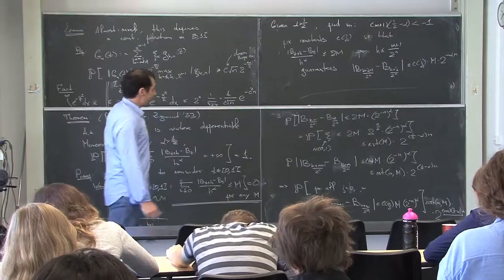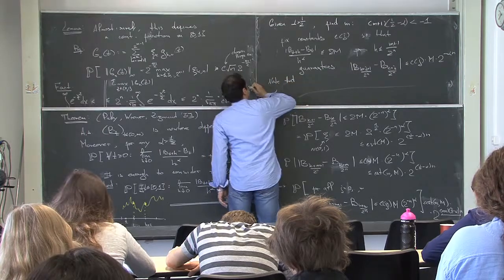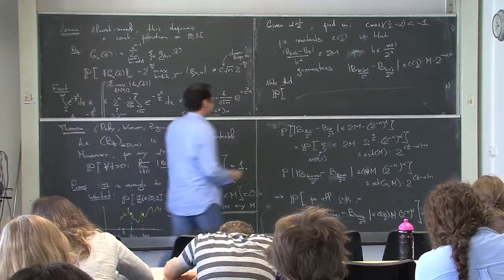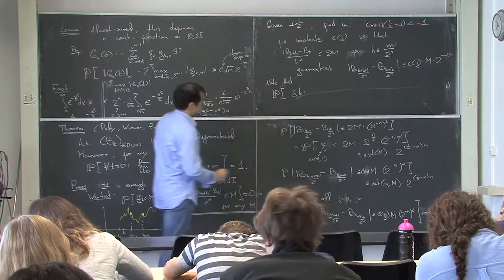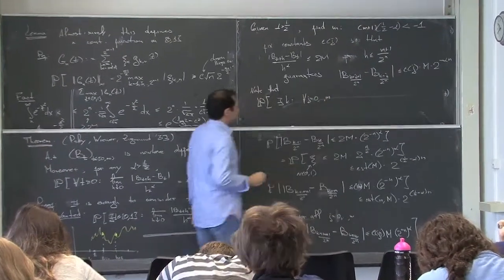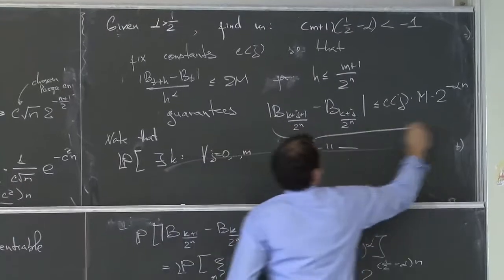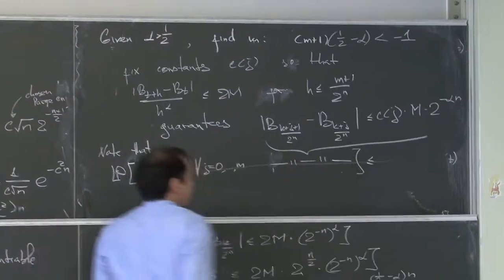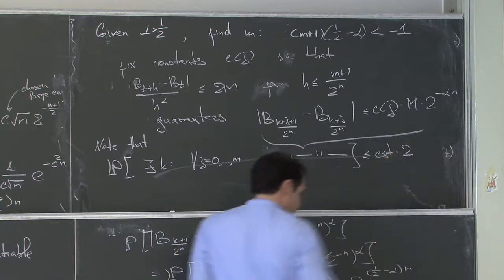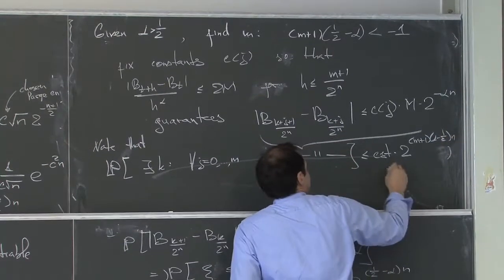Okay? Then, okay, note that the probability that there exists some k such that for any j from 0 to m, okay, this holds, is bounded by some constant, which is now fixed, to 2 to m plus 1 alpha minus 1 to n, multiplied by 2n.